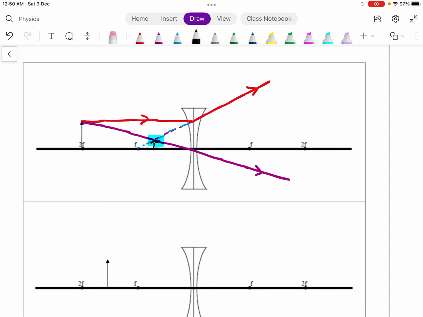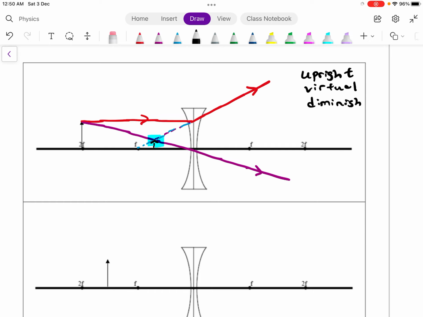And the image formed will be upright, virtual, and diminished. This is true wherever the location of the object.